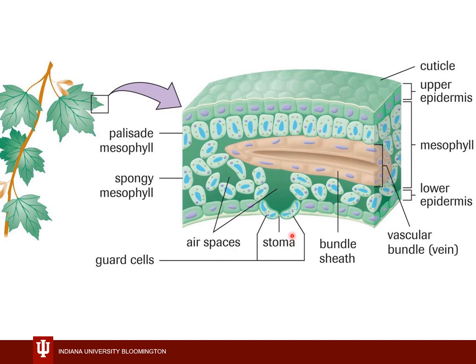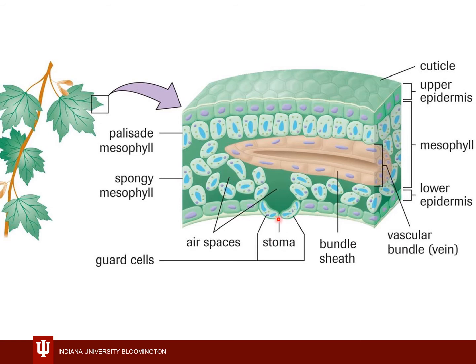One thing I do want to point out, though, that I think is going to be important is the presence of a stoma, or stomata, I think is the plural there. And this is important for a few reasons. For one, this is where gas exchange occurs for the most part for trees. The stoma is sort of this hole.